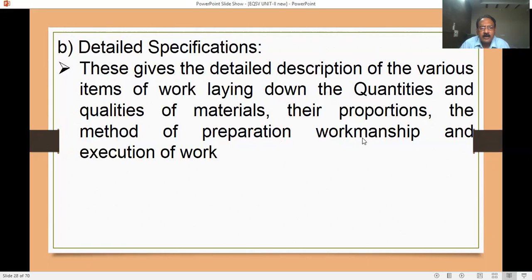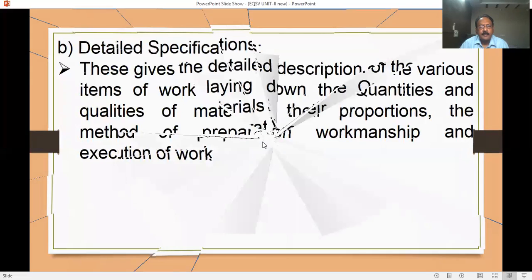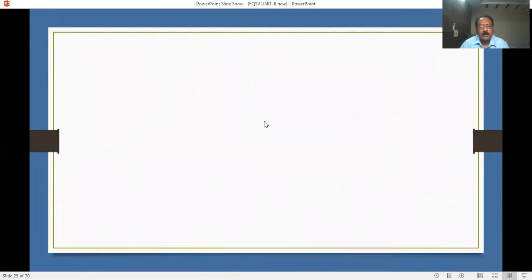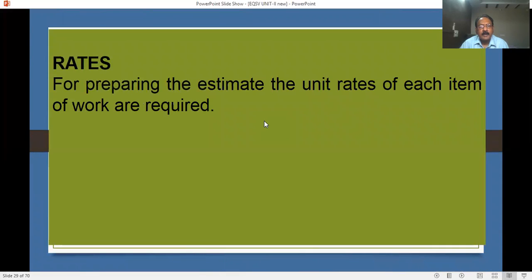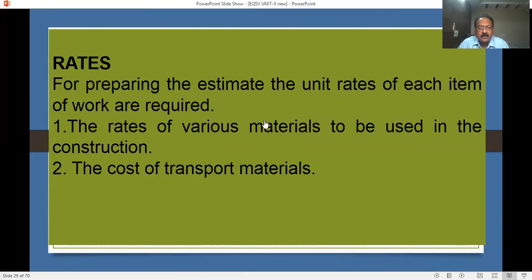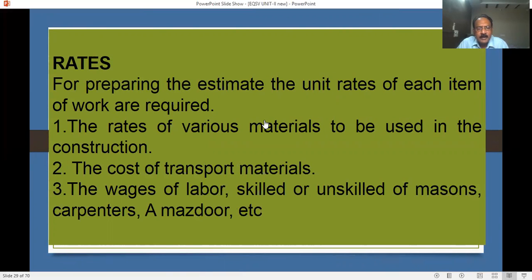The labor for tiles is different from who will do the work for marble, and marble labor will not do work for granite. So this workmanship is also very important in detailed specifications, to estimate the quantity of that project or building. Rates. Rates are very important for each item.